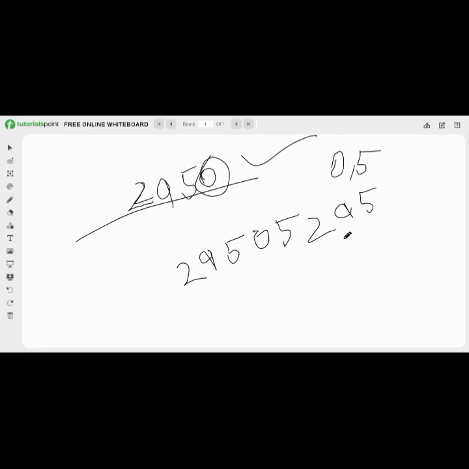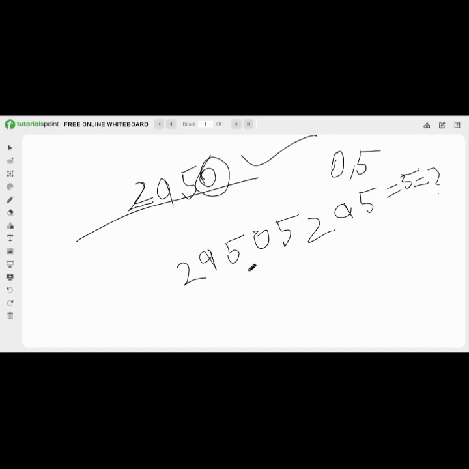Is this divisible by 5? Give it 10 seconds. Time's up. So let's see.